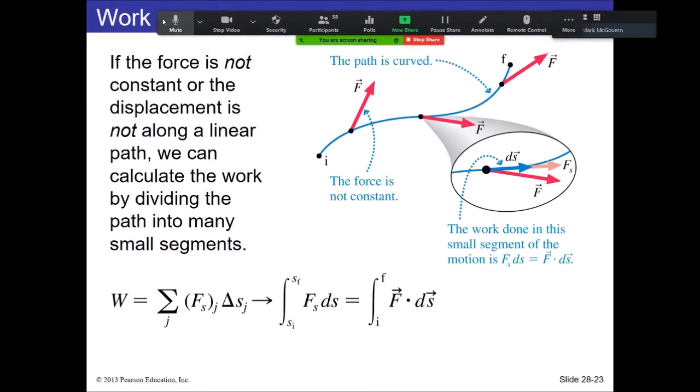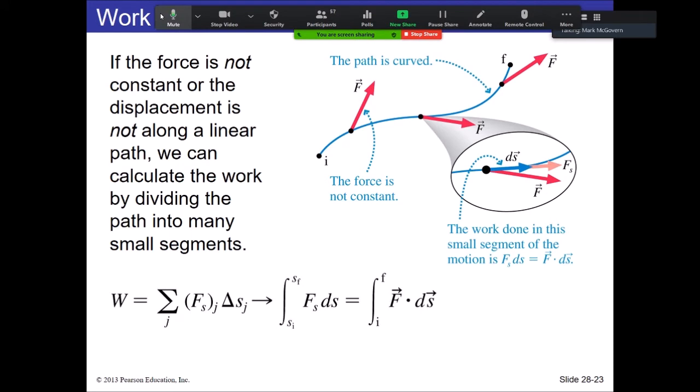Now, dealing with uniform fields is fine and all, but it's not always going to be the case that you deal with a uniform electric field. What if you have an electric field that varies with distance? Okay, fine.